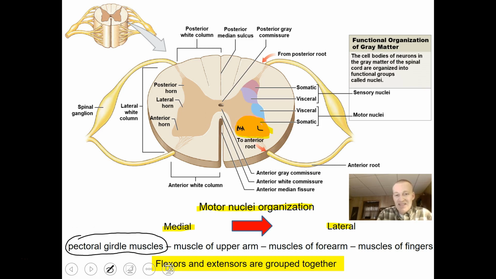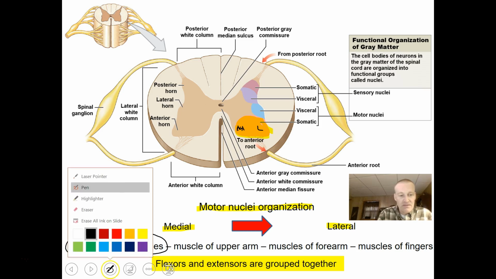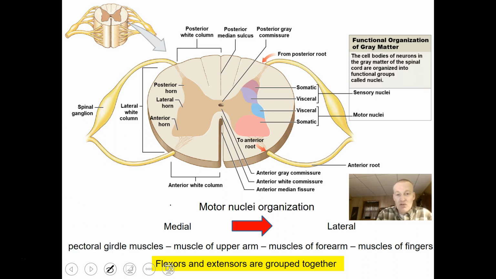The motor neurons that control the pectoral girdle muscles have their cell bodies located there. We then have the muscles of the upper arm located right there.